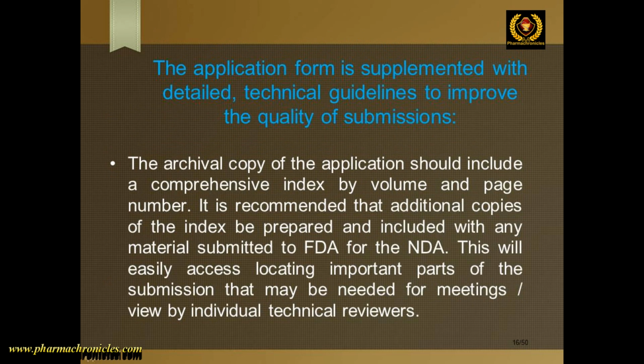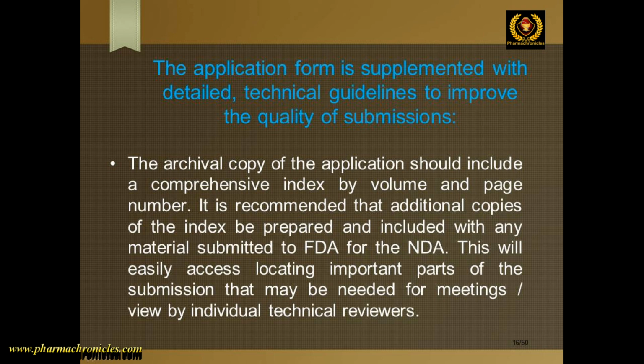The archival copy of the application should include a comprehensive index by volume and page number. It is recommended that additional copies of the index be prepared and included with any material submitted to FDA for the NDA. This will ease locating important parts of the submission that may be needed for meetings or review by individual technical reviewers.